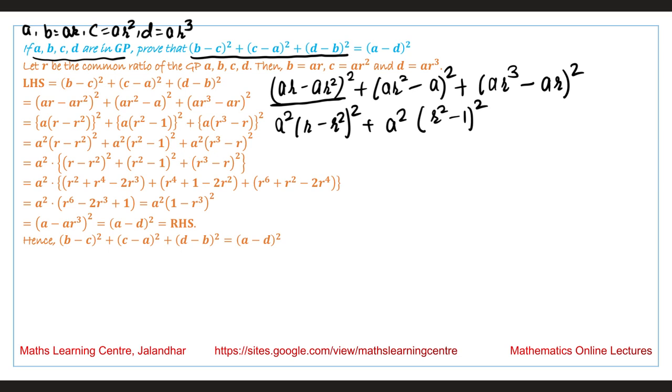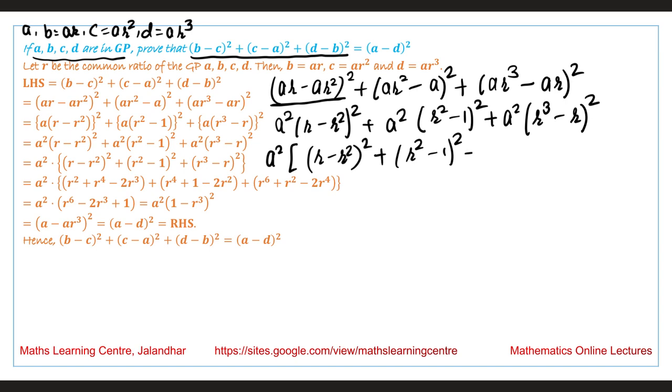And from the next term again we are taking a common, so it is a square into r cube minus r whole square. So if we write a square common from all these terms, we are left with r minus r square whole square plus r square minus 1 whole square plus r cube minus r whole square.